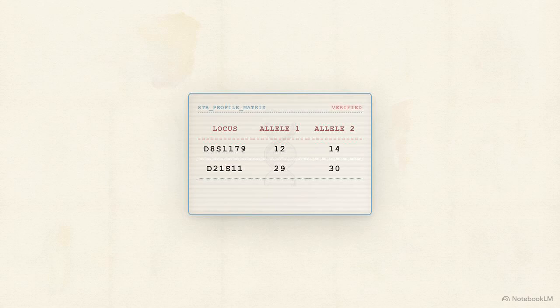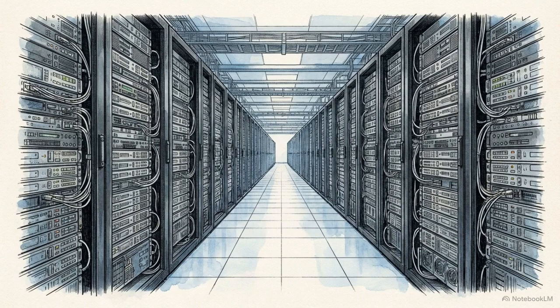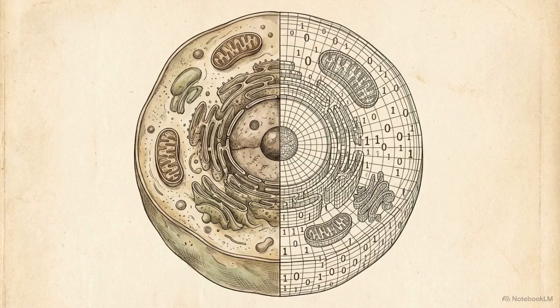This structured matrix guarantees privacy. It contains no health information, just a compact numeric sequence. To build a legally binding profile, forensic databases typically track between 13 and 20 of these specific loci. The messy biological reality of a human cell has been translated into computationally efficient code, primed for mathematical analysis.